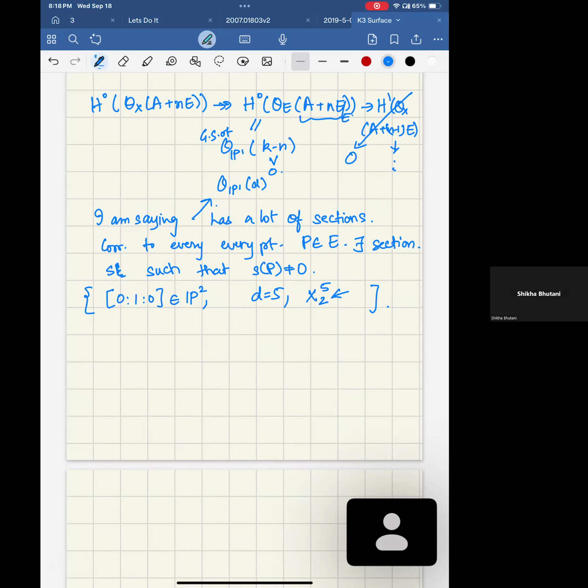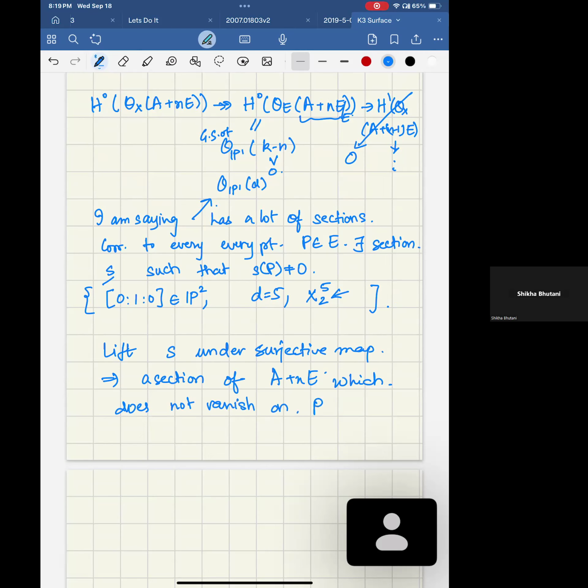Okay, so now the surjectivity will help us. So let's say corresponding to this point P, I can find an S which does not vanish on P. Then what I would like to do is lift S under the surjective map, and that would give me a section of A plus NE which does not vanish on P. Well, recall sections of this divisor are going to give me divisors which are linearly equivalent to this divisor and which are effective, right?